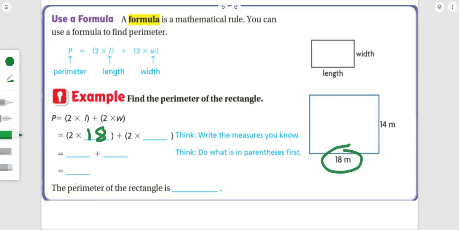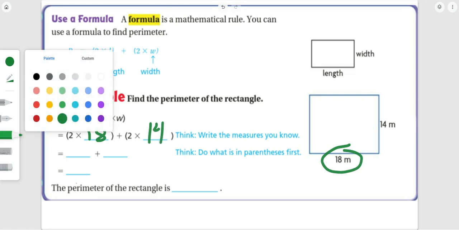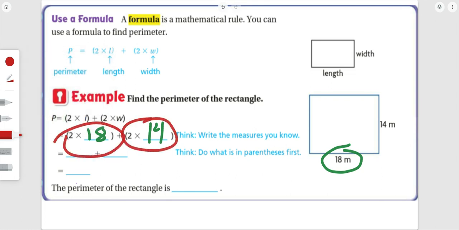Let's do the same thing for 2 times W. We know that 14 represents our width, so when we rewrite this section below it, 2 times W, we can write 2 times 14. So now we have 2 times 18 and 2 times 14.